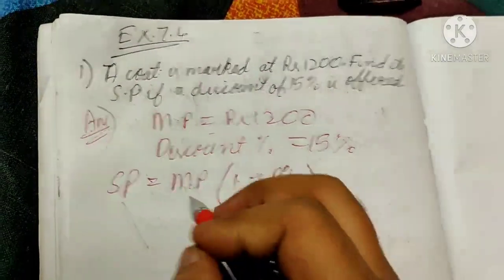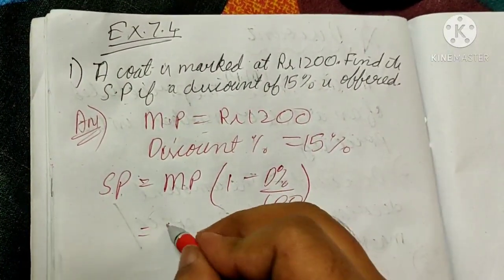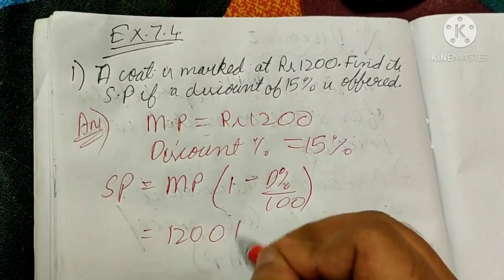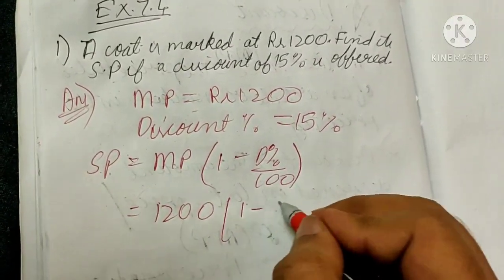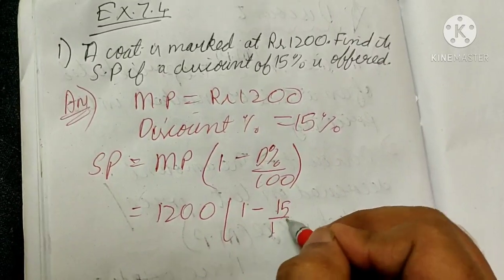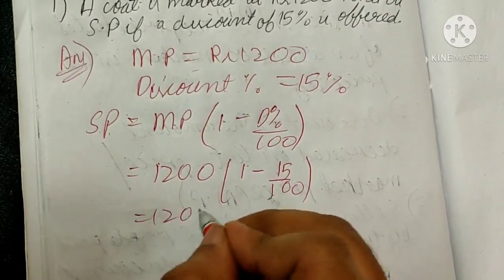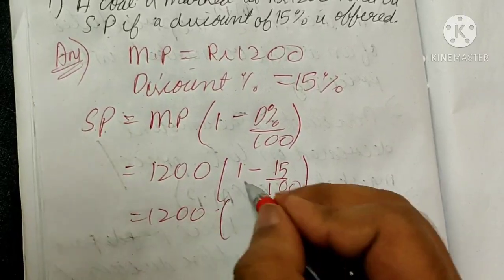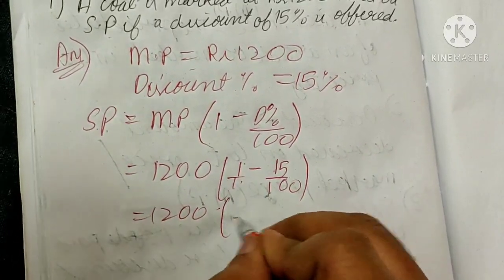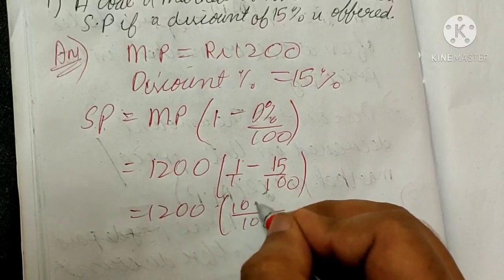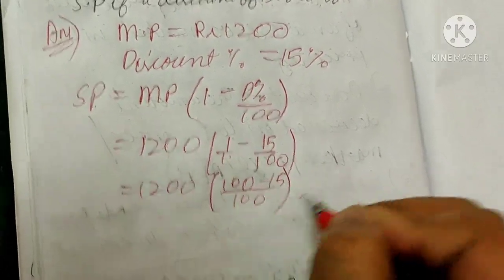So MP is 1200 into 1 minus D, means 15 upon 100. Taking 100 as LCM here, 100 minus 15.